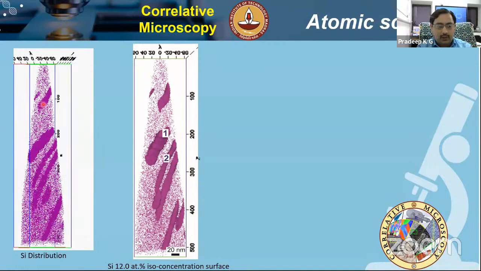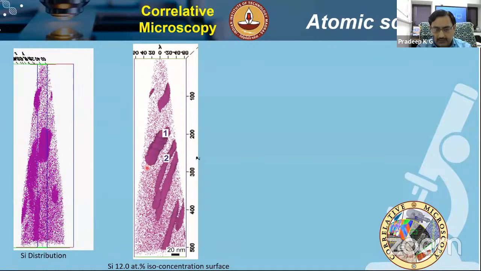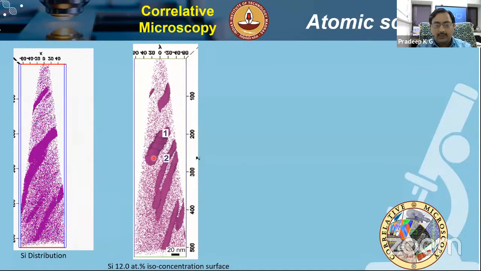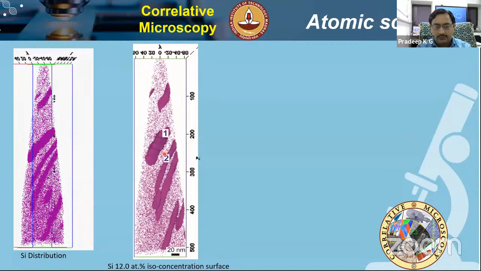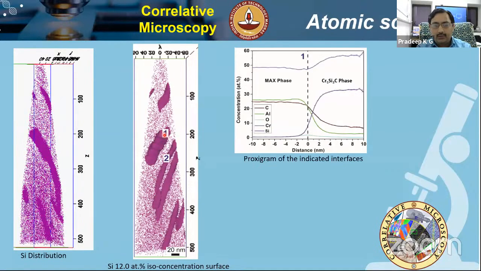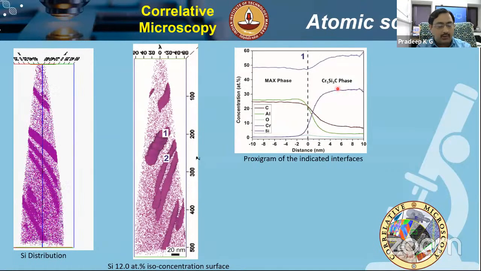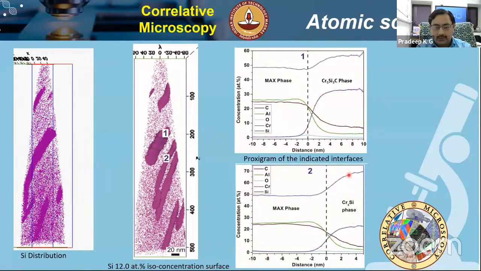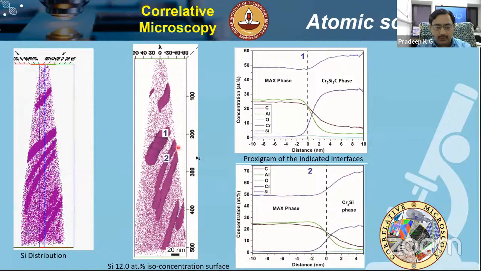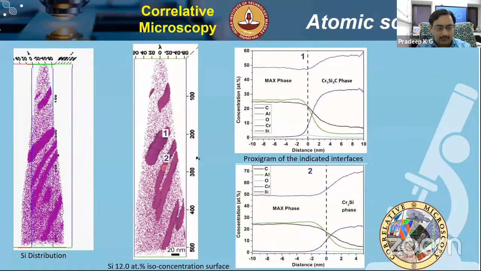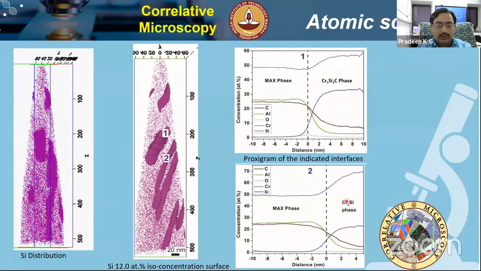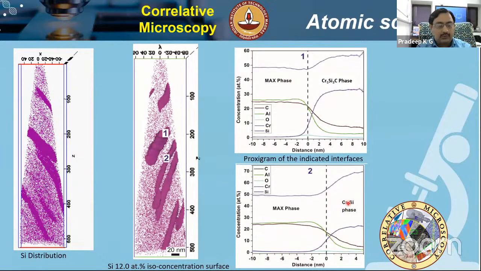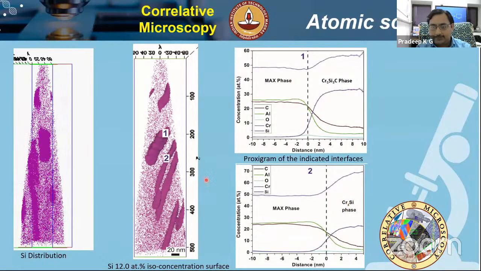So this technique allows us to see the atoms and their accumulation and also enables us to measure their composition accurately by going through these individual precipitates and looking into their stoichiometry. So one can therefore identify precipitates with varying stoichiometry. They may look similar in morphology, but they have very different chemistry.